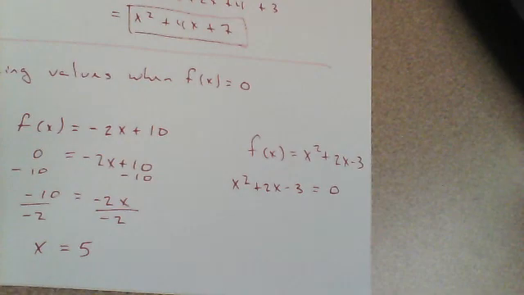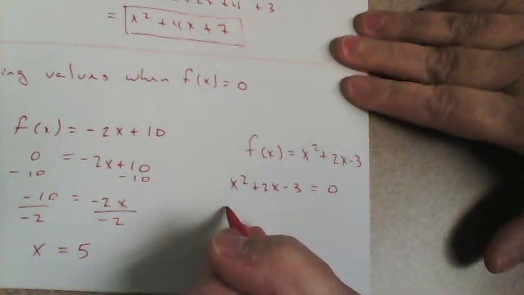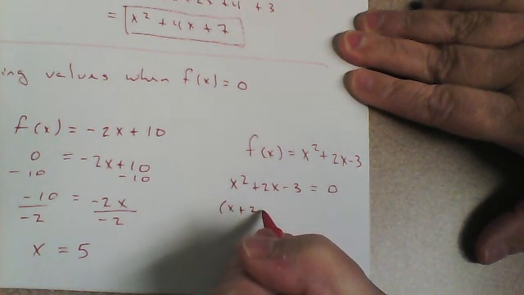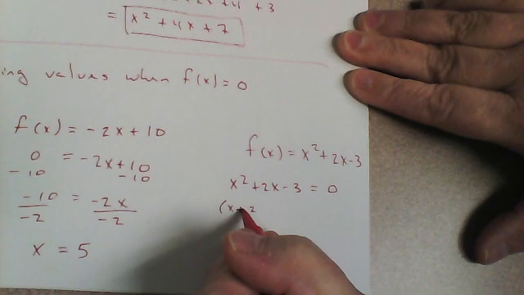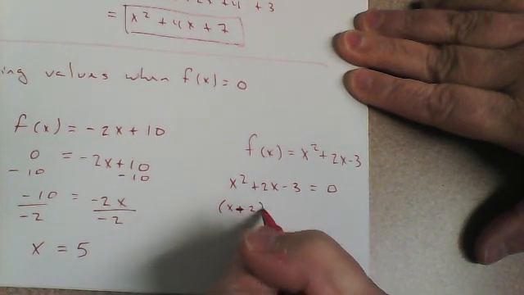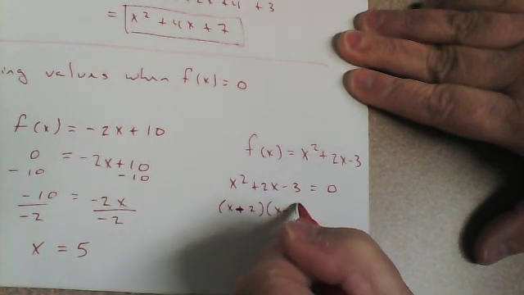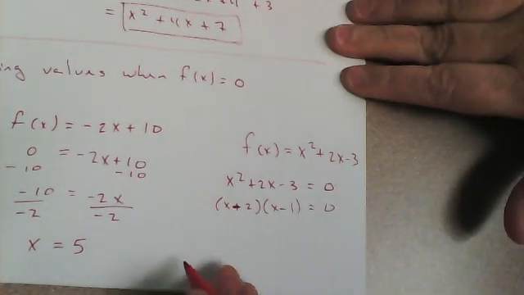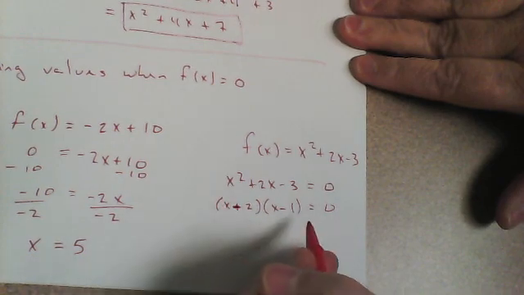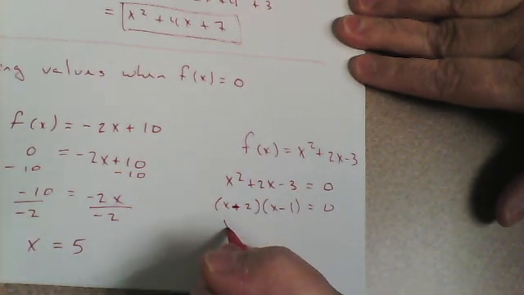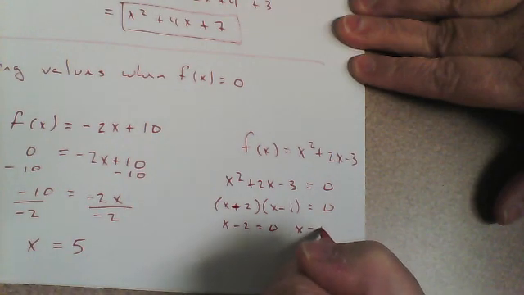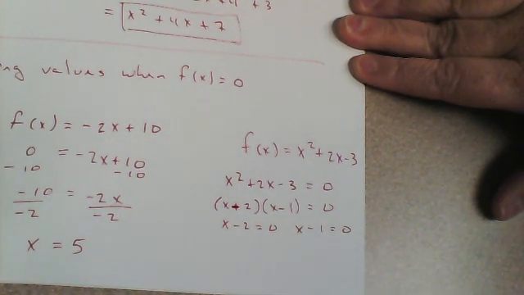You might be able to do it without, right? Because I could probably break this down as x minus 2 times x minus 1 equals 0 and solve it that way. But if you can't remember how to factor it like this, right, because then I could set each of these equal to 0, x minus 2 equals 0, x minus 1 equals 0, and solve each of those.